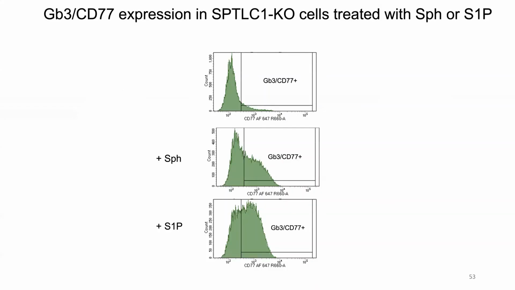And this experiment shows what happens when we add sphingosine or S1P to the HeLa cells that are knocked out for SPT. So the knockout cells have very low GB3 level expression, but this is greatly enhanced when sphingosine or S1P is added.